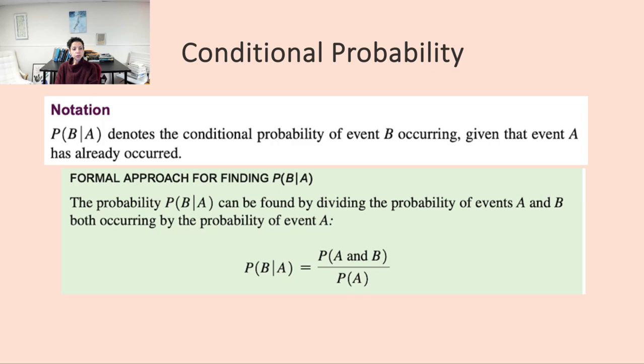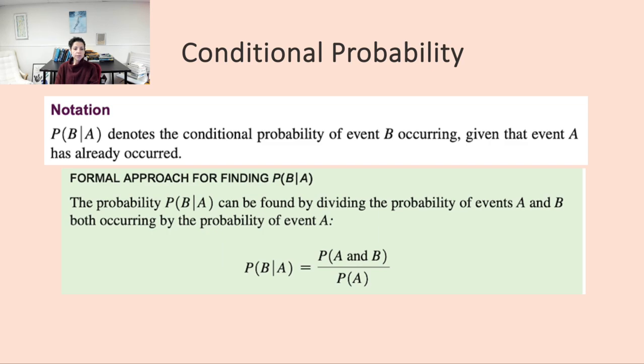So the notation for conditional probability will be familiar to us because this is a kind of compound event. The probability is compounded with some condition. So the probability of B given A, written P(B|A), denotes conditional probability, and it means that event B is occurring given that A has already occurred.